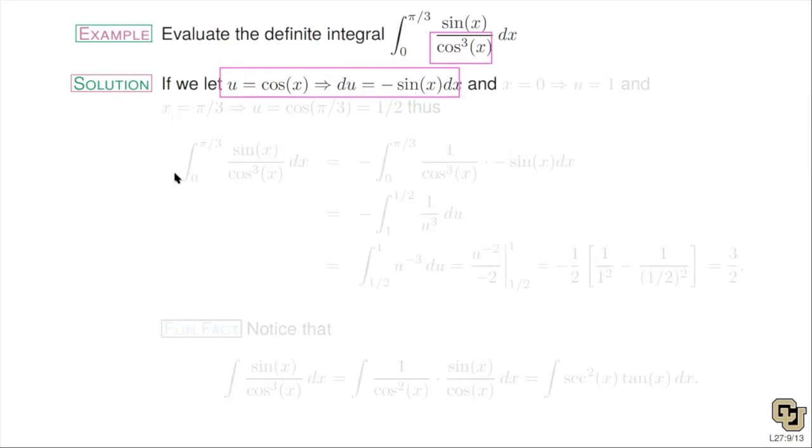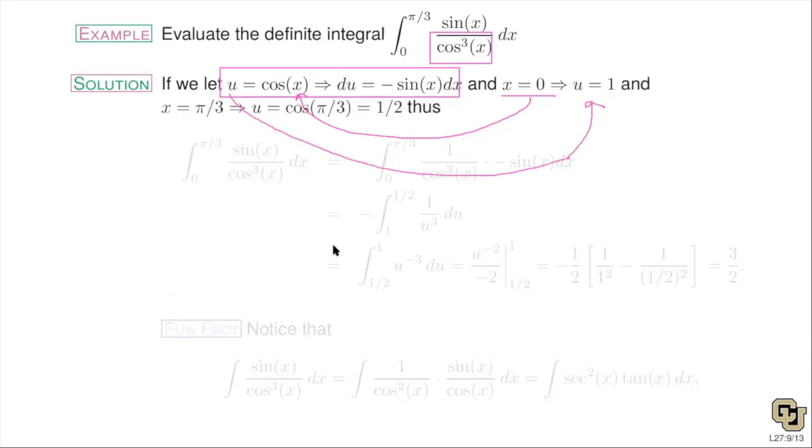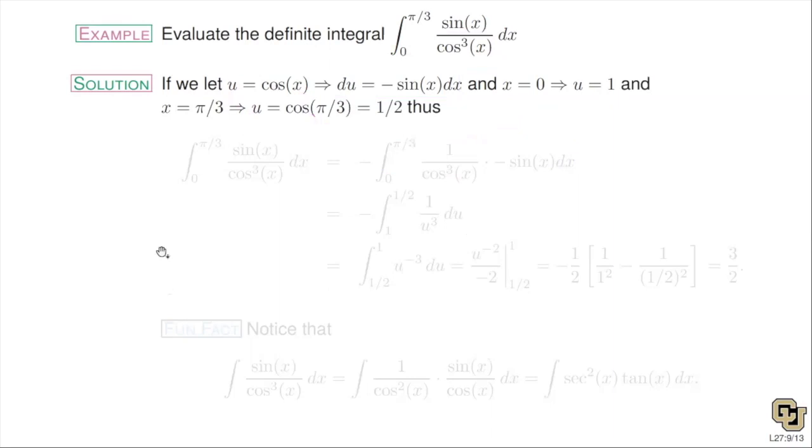And here we have bounds, so I'm going to convert the bounds. And remember how we do that. When x equals 0, I plug x equals 0 into cosine. Cosine 0 is equal to 1, so I get u equals 1. I convert the other bound. And so here I'm ready to do the integral.